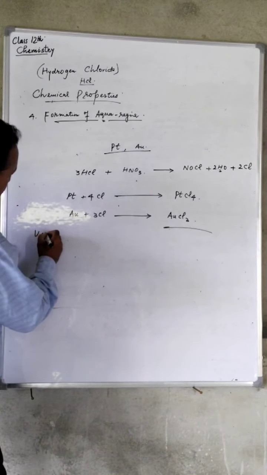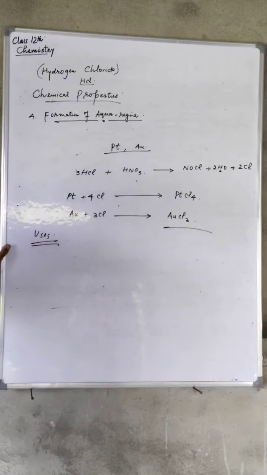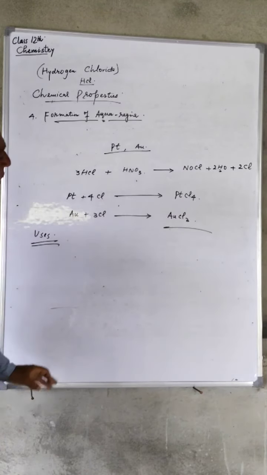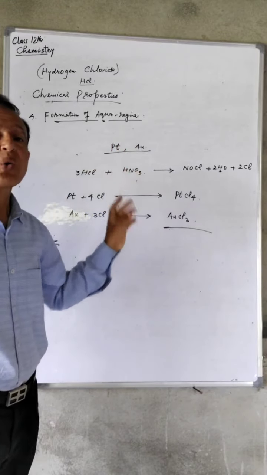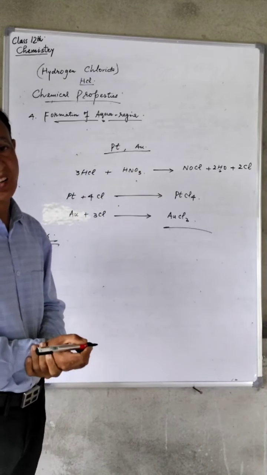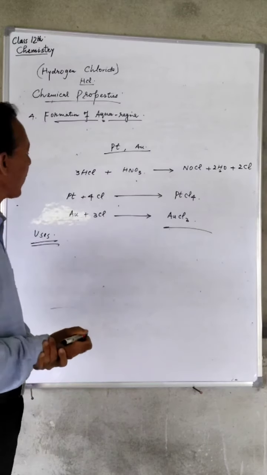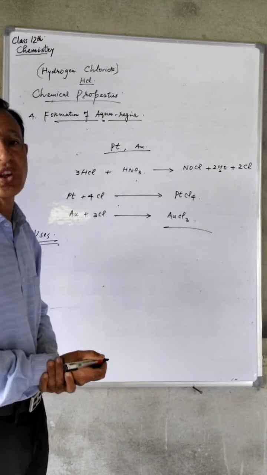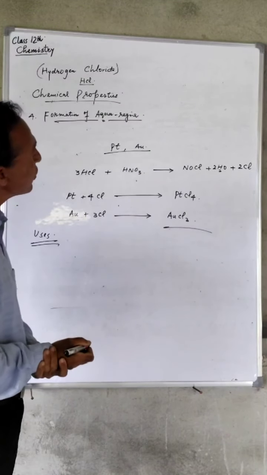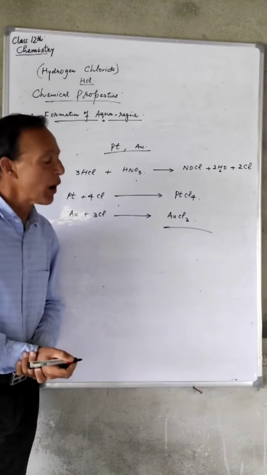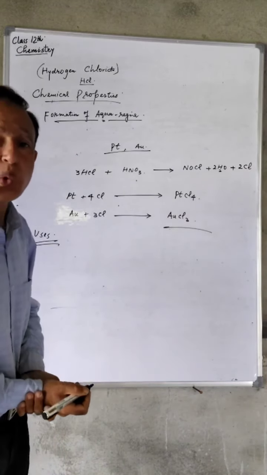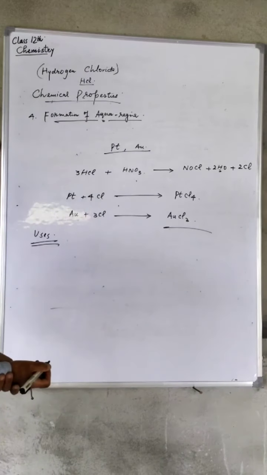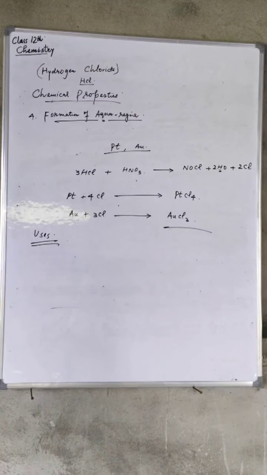Now uses. Hydrochloric acid or hydrogen chloride is an important acid used in the laboratory. It is used for industrially important chloride compounds. It is also used for the preparation of aqua regia, which dissolves the noble metals like gold and platinum.